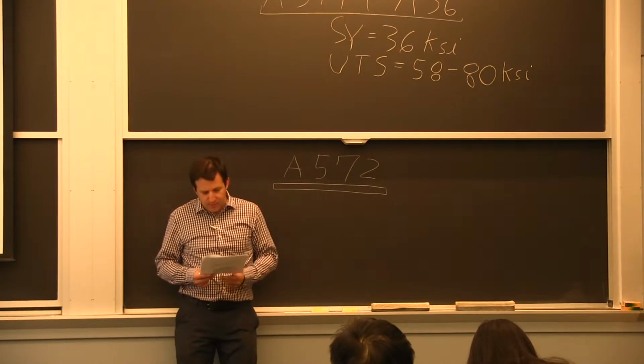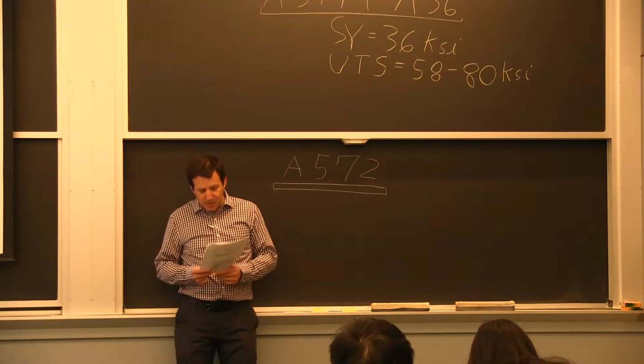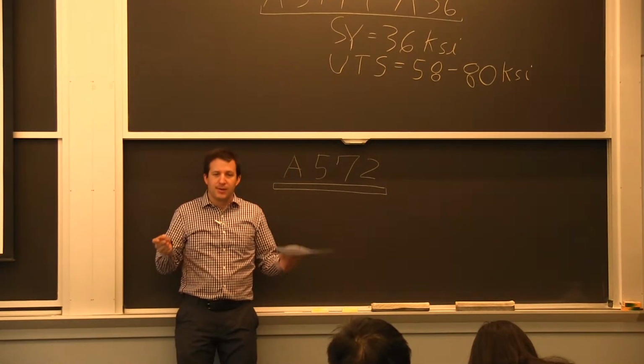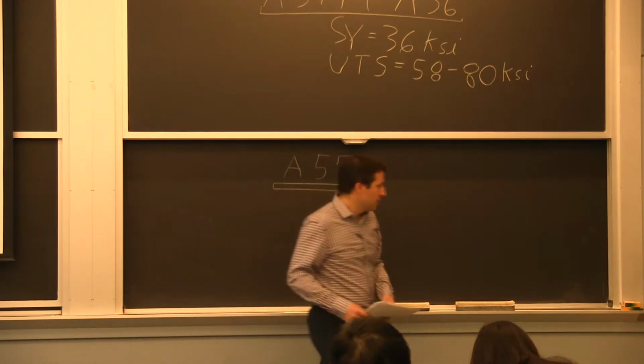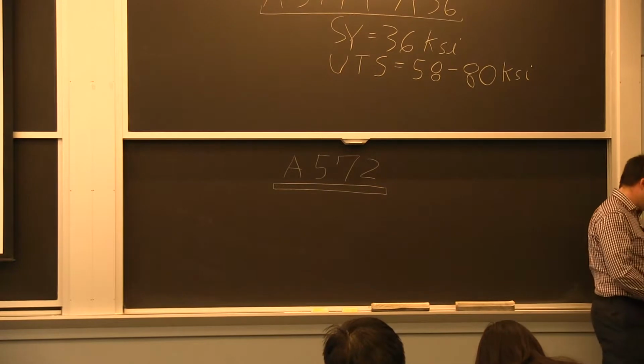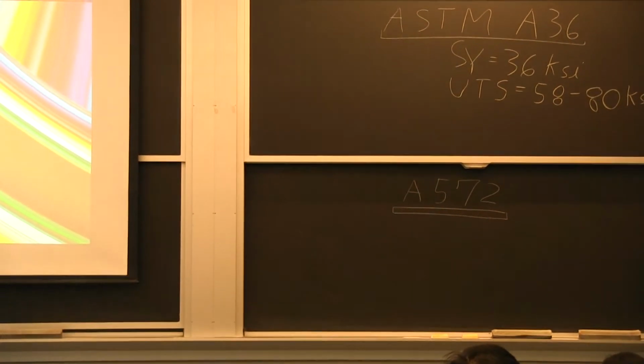So the advantage of having a slightly higher specification is that from one batch to the other, there's less variation. Here, they actually have different types, and that's the first table I'm showing, Table 3.